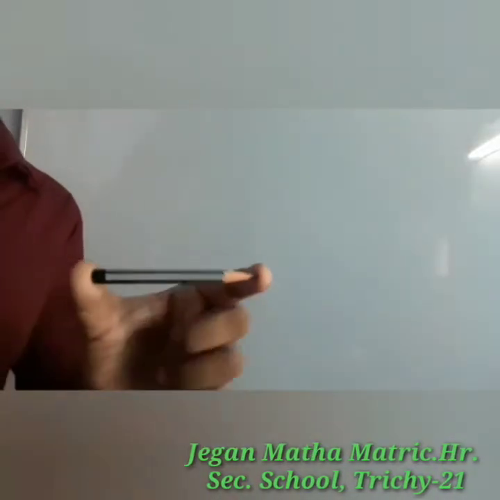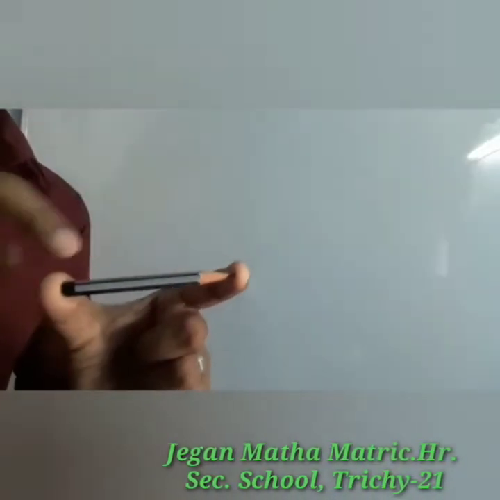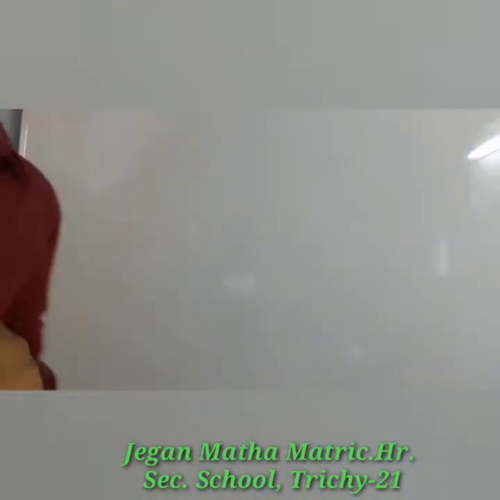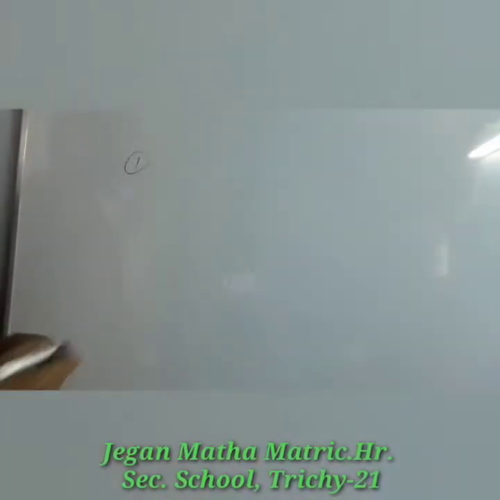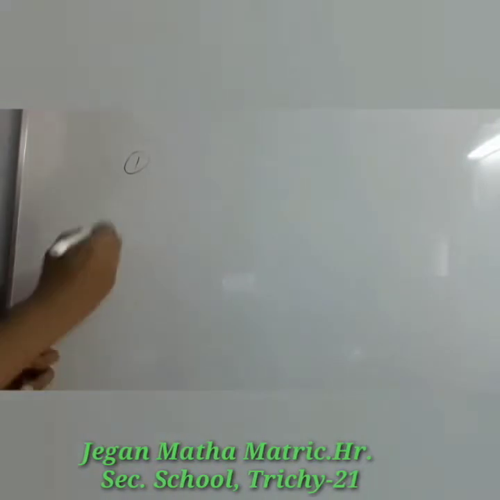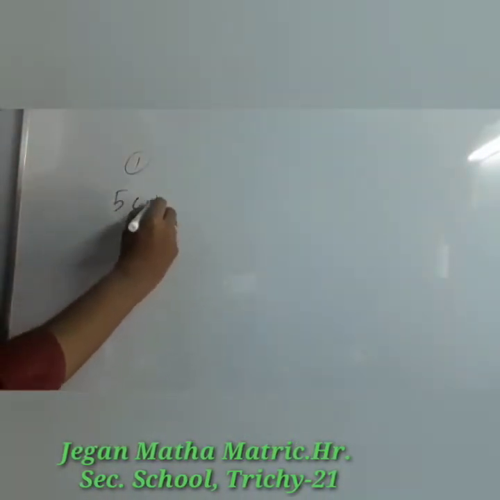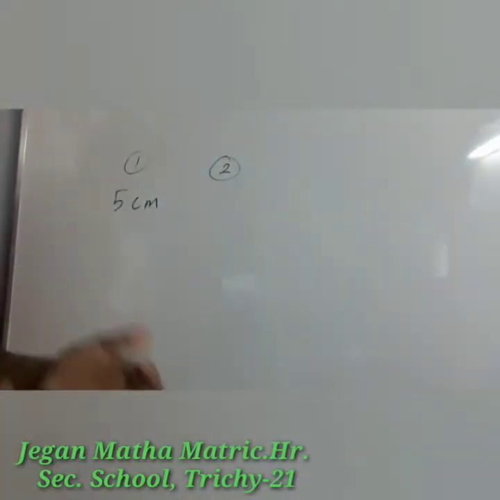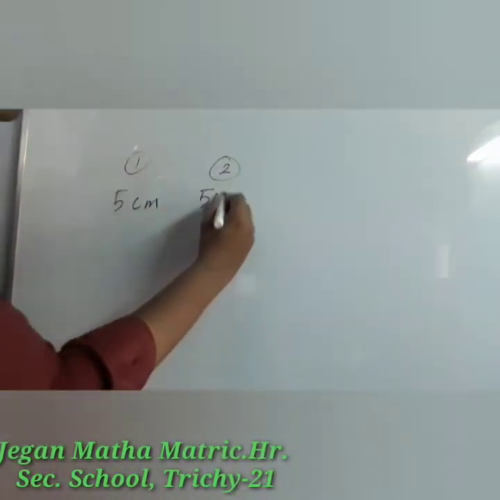Before entering into the concept, let me take this pencil and ask what is the approximate length of this pencil. The first student says the length of the pencil is 5 centimeter. The second student may say it is 50 millimeter.